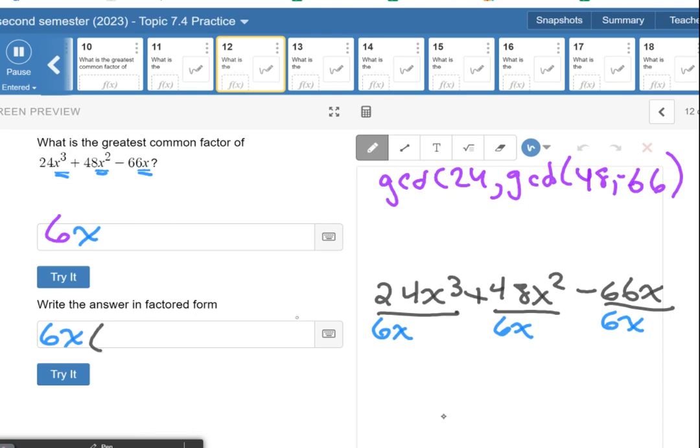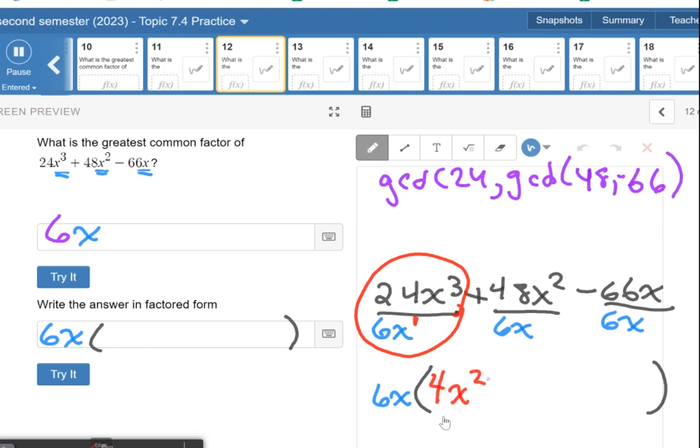So I'm going to write 6x, and then I'm going to have parentheses. Now the parentheses is what is left over when you actually divide. So 24x to the third divided by 6x to the first is going to be 4, and then x squared, because you minus the exponents. 48 divided by 6 will be a positive 8.